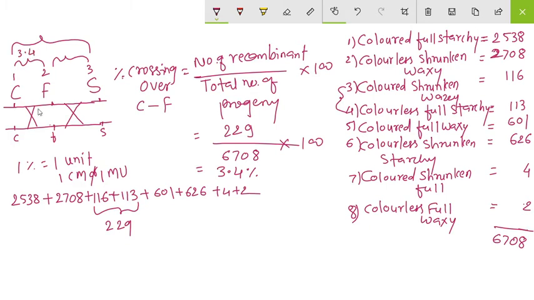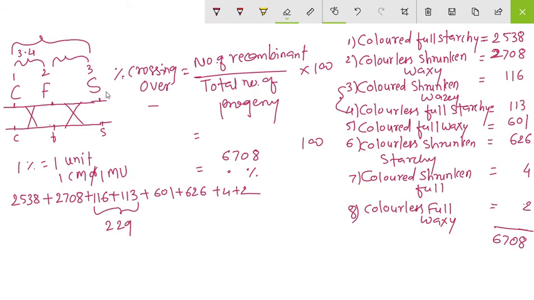Okay. Now we have to calculate the crossing over progenies, or distance, between F and S. Okay.